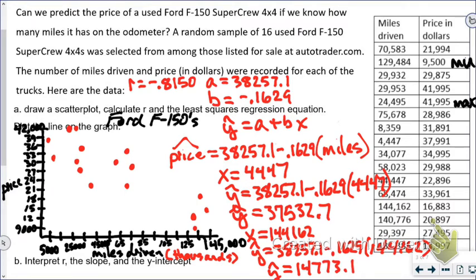So that's about $14,000. All right, so I want to plot those two coordinates on the graph, and we have successfully plotted our least squares equation.